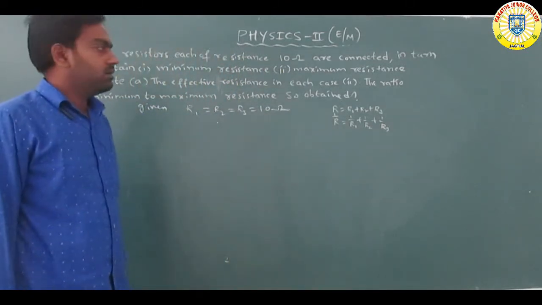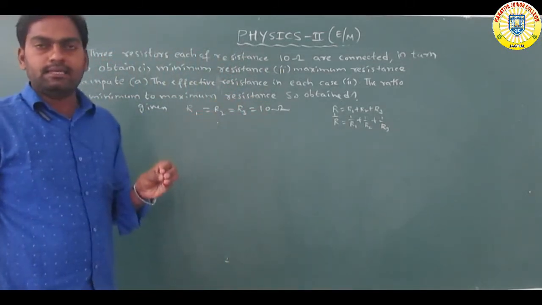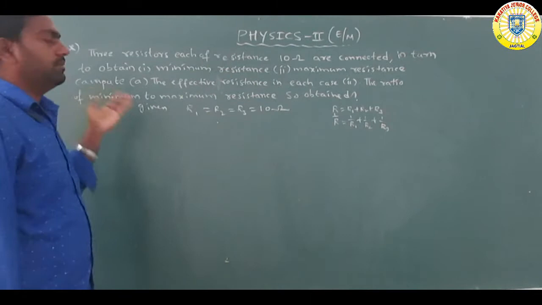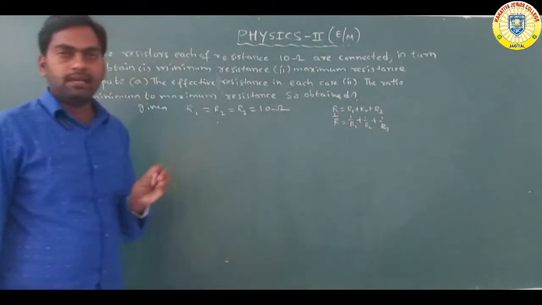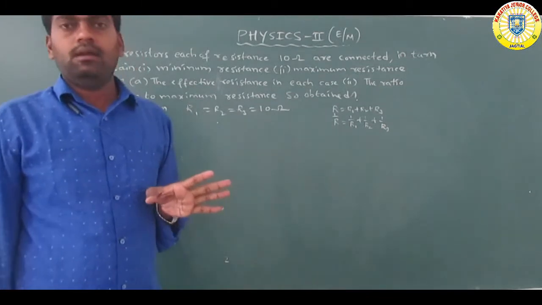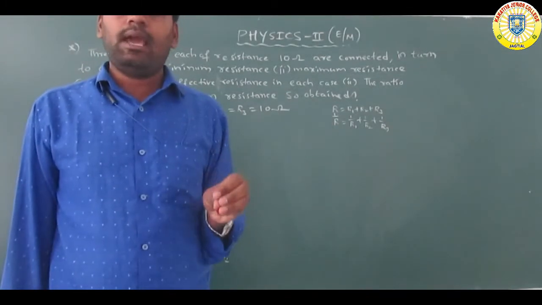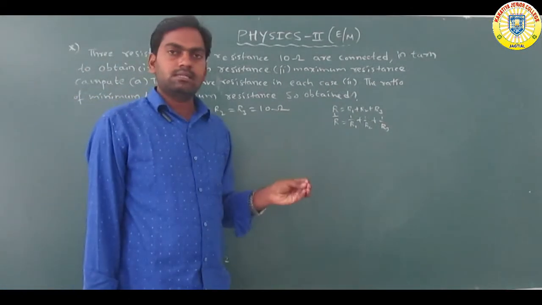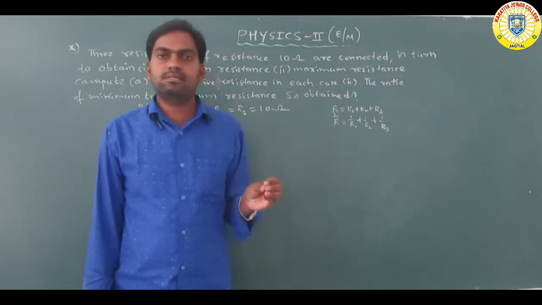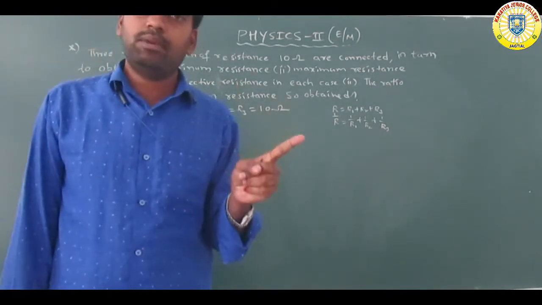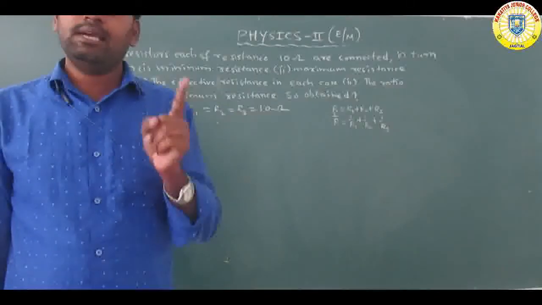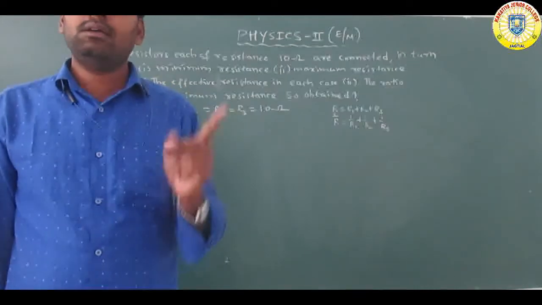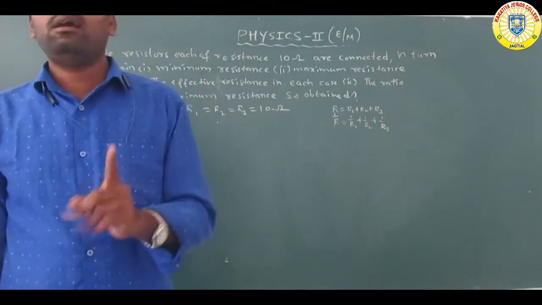Okay, got it. So the maximum resistance is obtained in a series combination of the resistors, and the minimum resistance is obtained in a parallel combination.